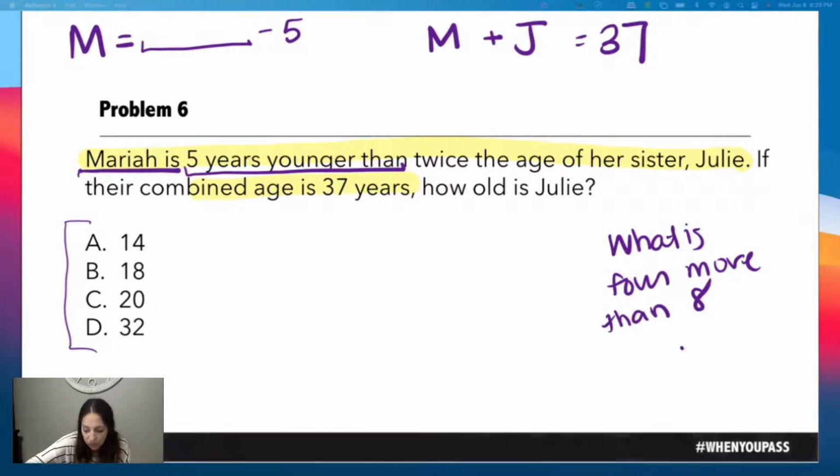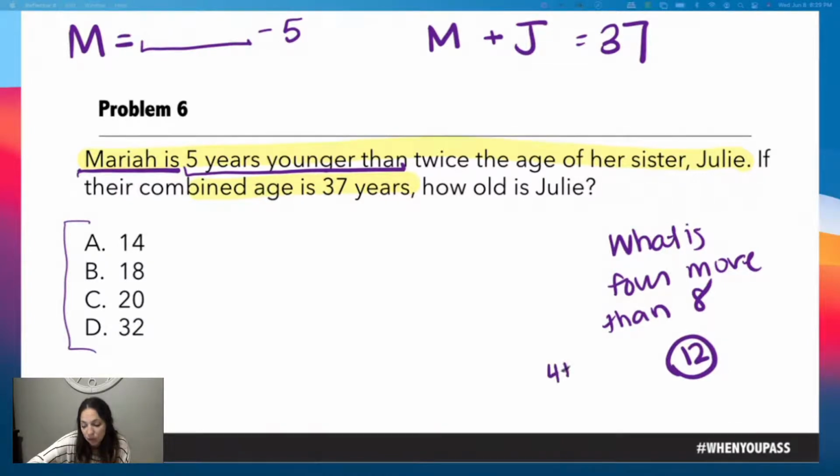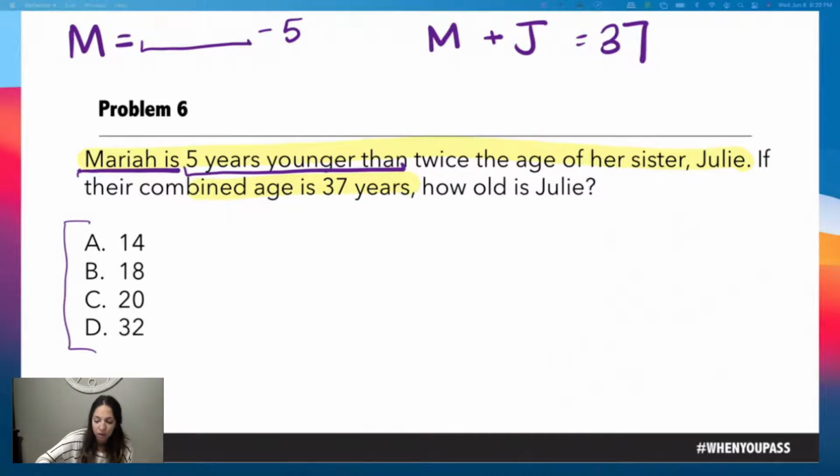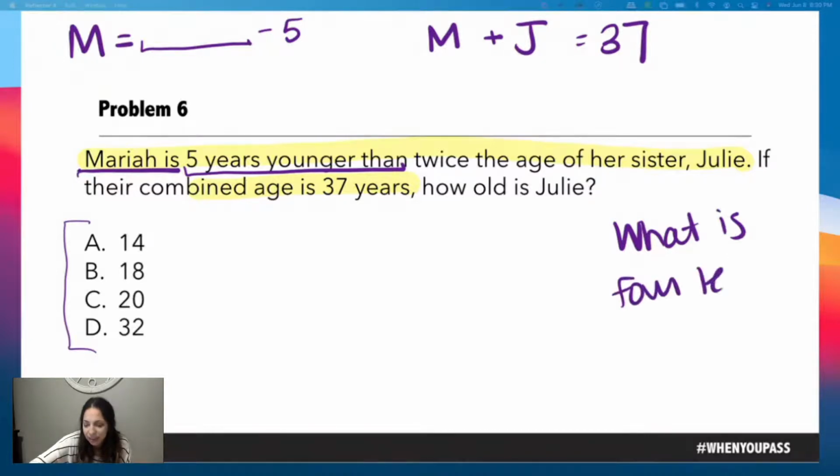12, obviously. Now, you could have done 4 plus 8, or you could have done 8 plus 4, and you'll get the same answer because addition is commutative. However, subtraction is not commutative. So if I said, what is 4 less than 8?